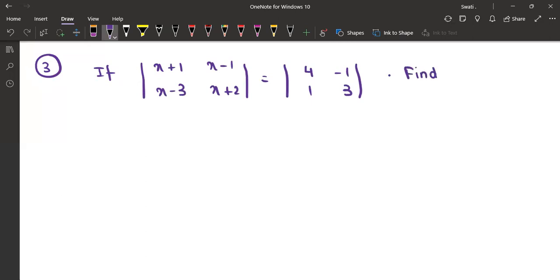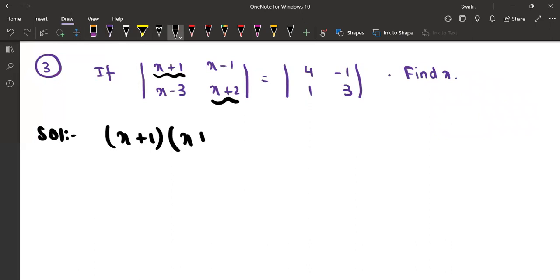This is very, very simple. What we need to do is simplify the determinant on both sides. If you simplify this determinant, you know the formula a into d minus b into c. So x plus 1 times x plus 2 minus x minus 1 times x minus 3.